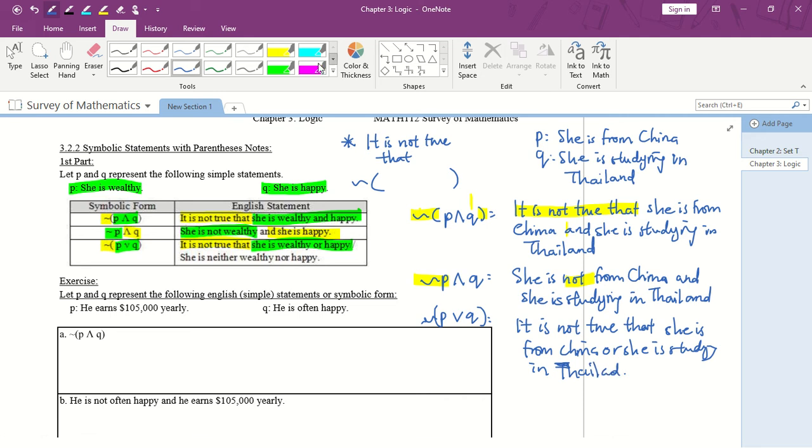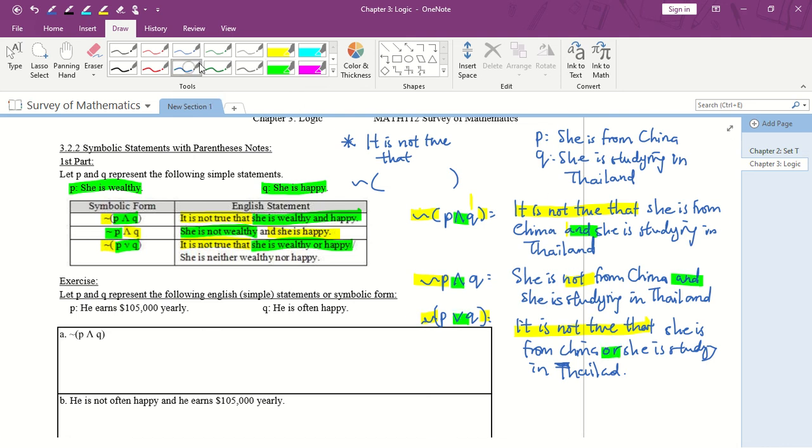Okay, again, when it is using a negation with a parenthesis, it means it is not true that. And what we are using here is and, and here is or.